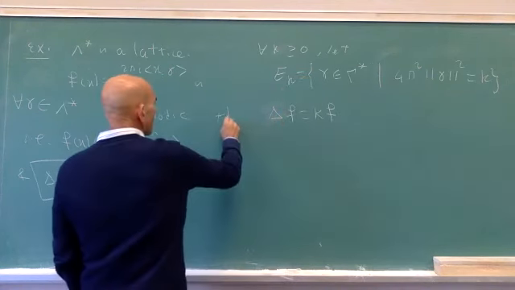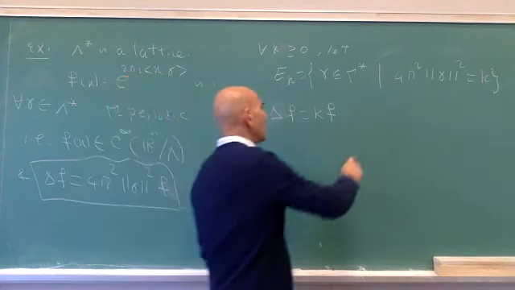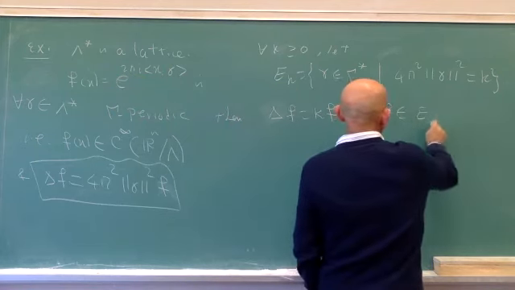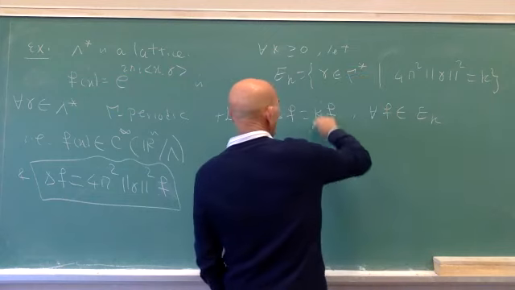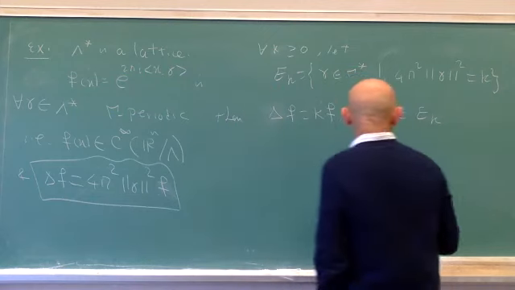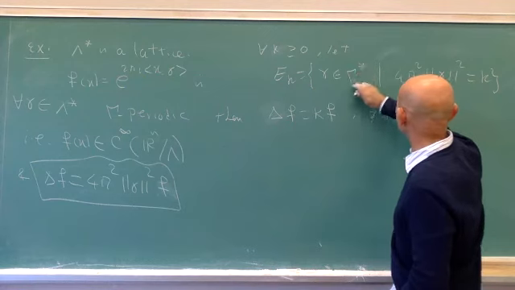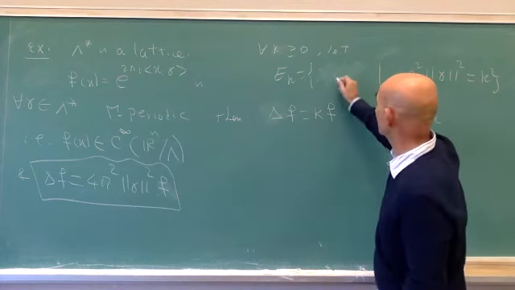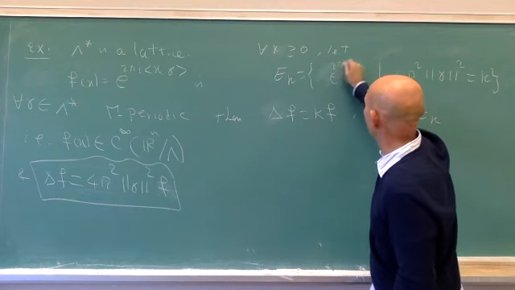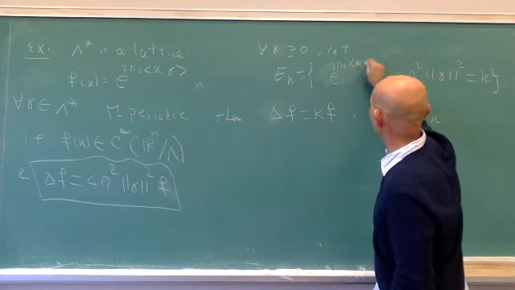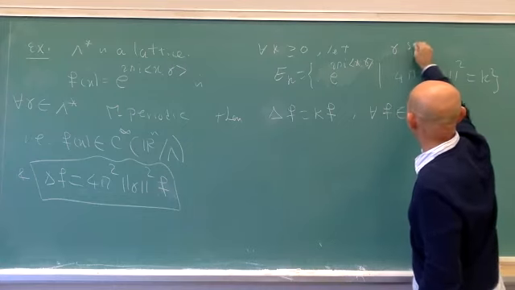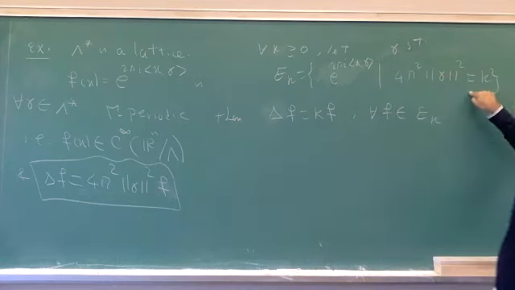So I'm going to revise this actually. E_k is the set of all functions e to the 2 pi i inner product of x and gamma, for those gammas such that this equation is satisfied. Okay.